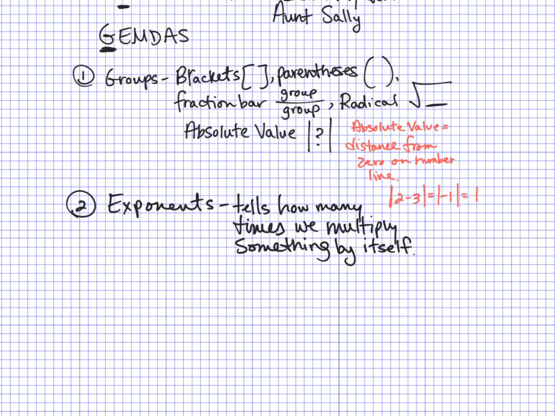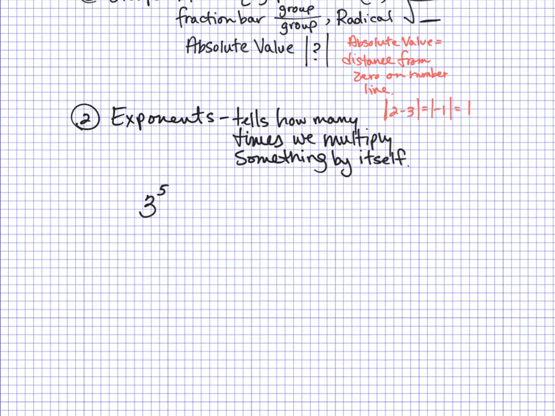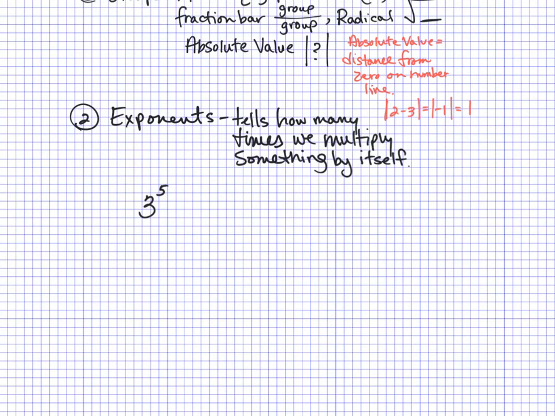Let's take a look at this example. If I said, how would I read this? It would say 3 to the 5th power. Let's break this down and talk about the different parts, okay? So the first thing we notice is that we have this big number here. This big number here is called the base. The big thing that you see in an exponential expression is called the base.